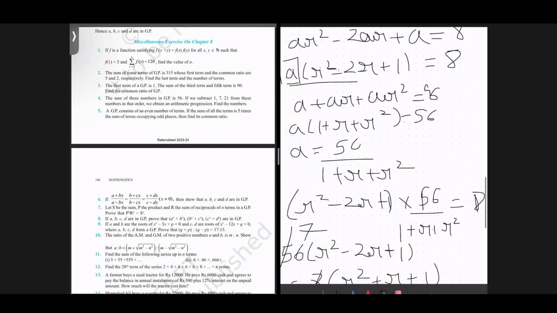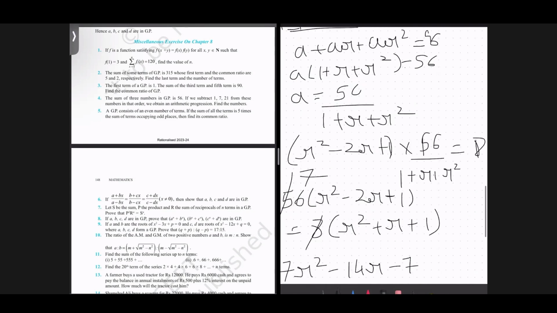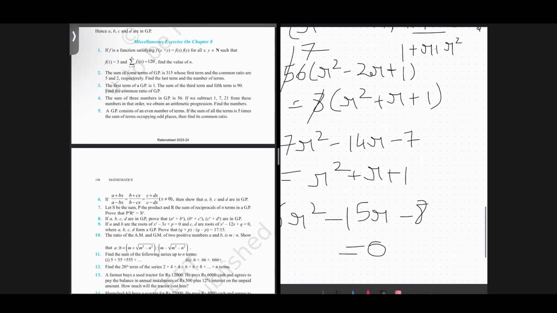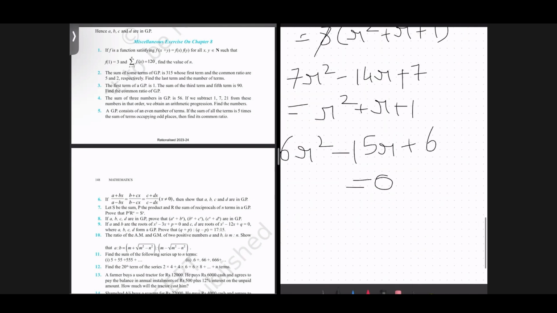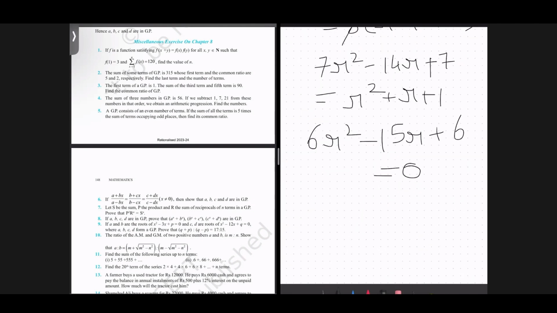Because it's +1 right here, so it's going to be +7, and this is not going to be -8. It's going to be +6. Sorry, guys, my bad. When you do this, 6 into 6 is nothing but 36, and 36 is 12 into 3, right? That is how we're going to solve this. So this becomes 6R square minus 12R minus 3R plus 6.